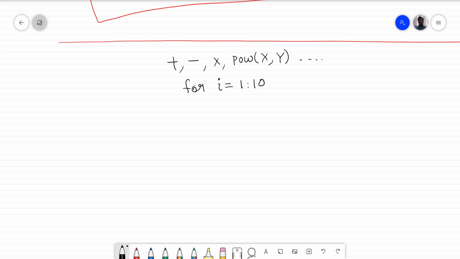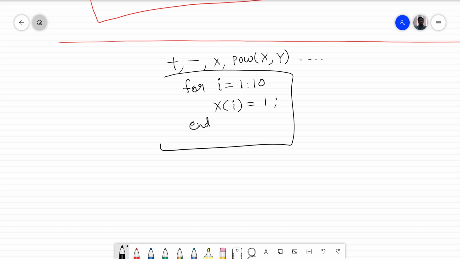So this colon means it will go from 1 to 10, and then you can say x(i) equal to 1, for example, and then end the for loop.